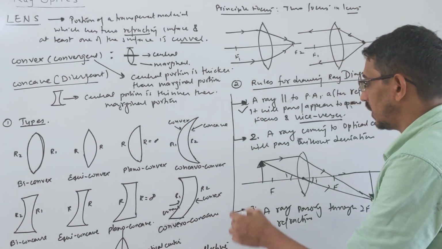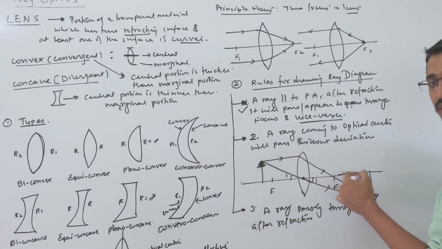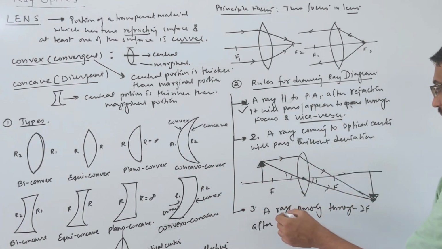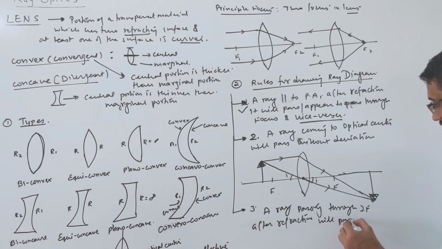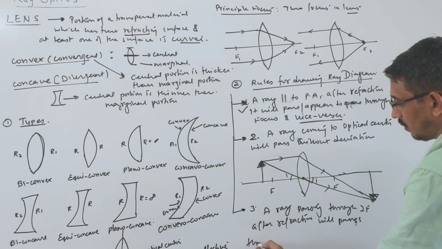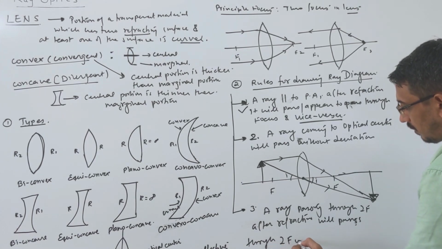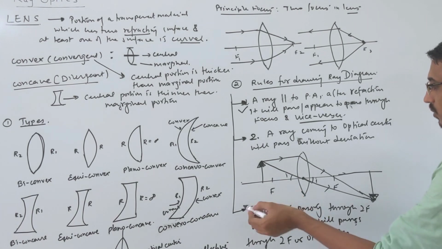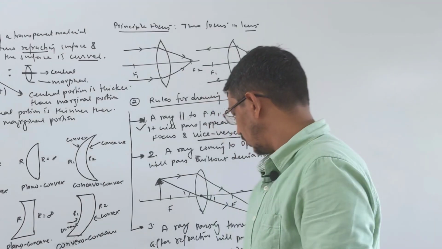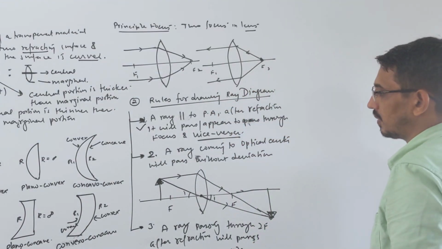So on this side it comes through 2f, and then on this side it will pass through 2f. So a ray passing through 2f after refraction will pass through 2f on the other side, because there are always two focus. Yes. So suppose using this you want to draw a ray diagram.